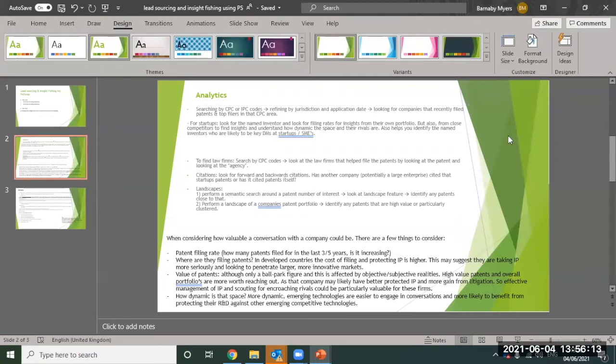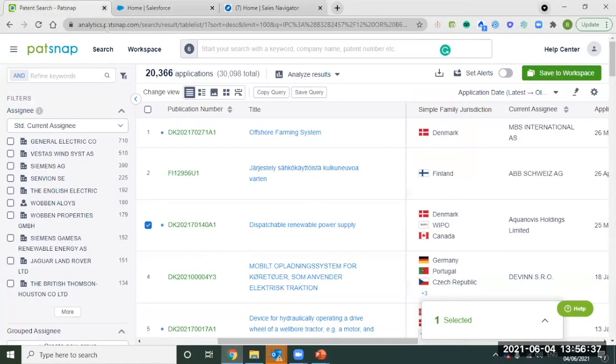So if you search for an IPC code or CPC code and look at the automotive industry and you refine by Germany, it's not surprising that you'll probably see a lot of Audi, Volkswagen come up, because obviously they're large German companies operating in the automotive space. So they're going to file a lot of patents. So let's jump into the analytics platform.